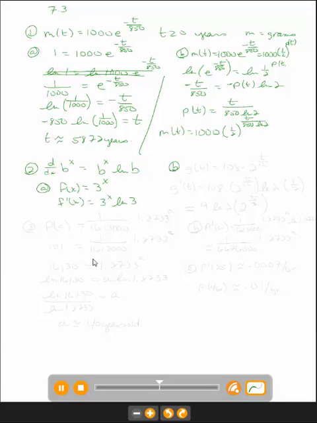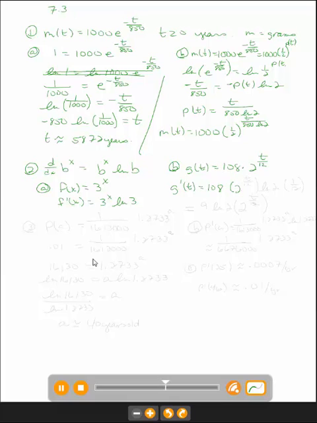Part B wants us to take the derivative of g of t is equal to 108 times 2 to the t over 12. Well, 108 is a constant out in front and it's multiplied, so I can just let it tag along. Then the derivative of b to the u is b to the u, times the natural log of b, times the derivative of the power.